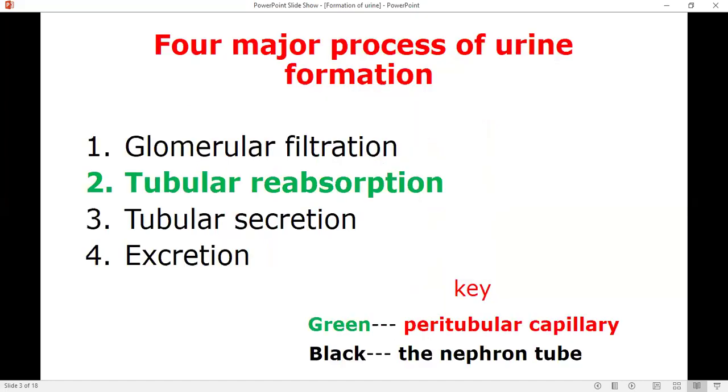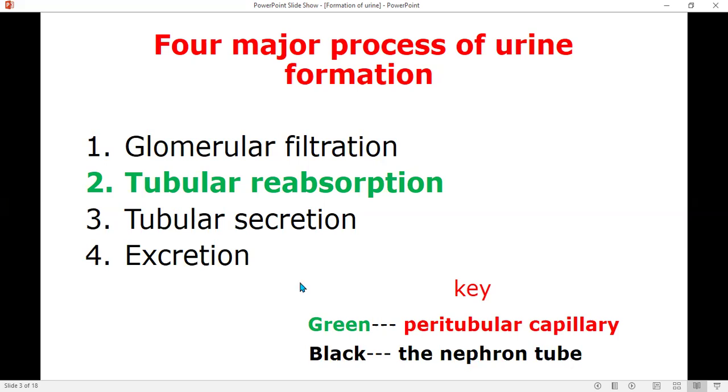So the four major processes of urine formation I was mentioning are one, glomerular filtration, then two, tubular reabsorption, then three, tubular secretion, then four, excretion. So I've put a key here to say that this process, which is in green, is the only process that allows essential important nutrients to go back into the system. Okay. Then the black ones, they need to go back into the nephron tube.